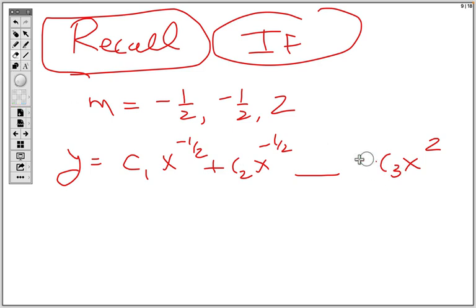What would we multiply by to get a linearly independent function that's close enough for the differential equation, but not too close so as to be snatched up into the c1 x to the minus 1/2? Do you remember what factor we tack on there?